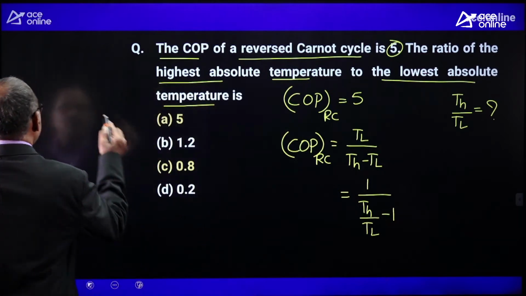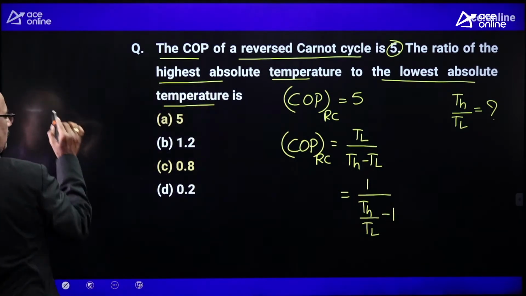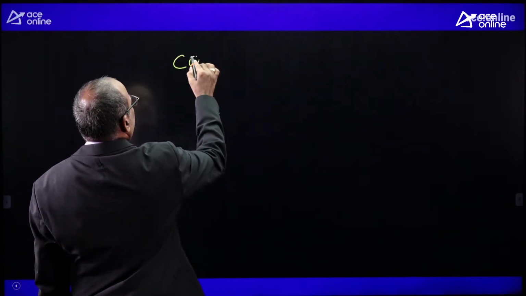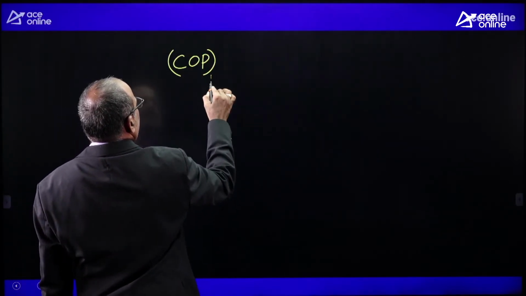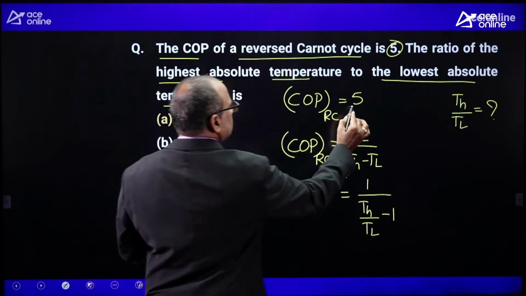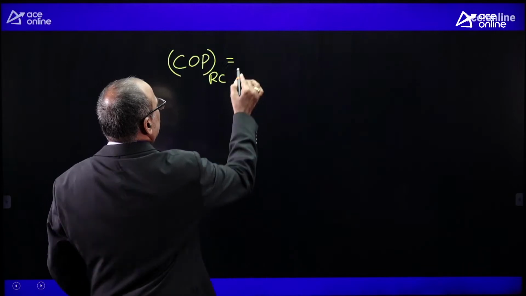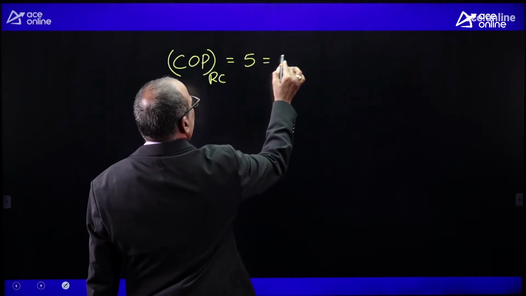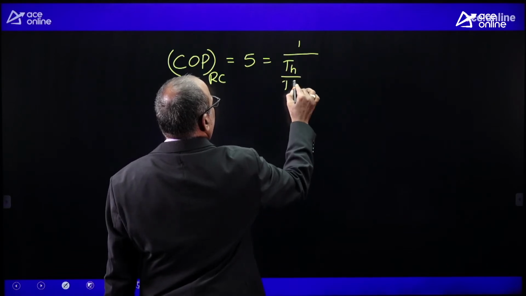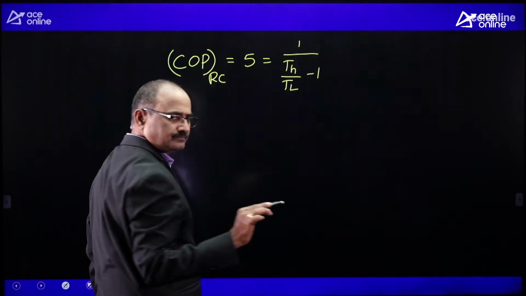Anyhow, COP of the reversed Carnot cycle, let me take another slide. How much is it given? COP of the reversed Carnot cycle is 5. That is equal to 1 by TH by TL minus 1.